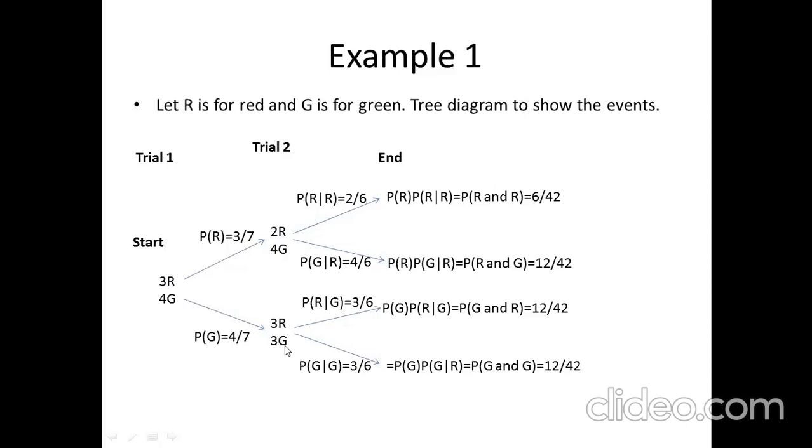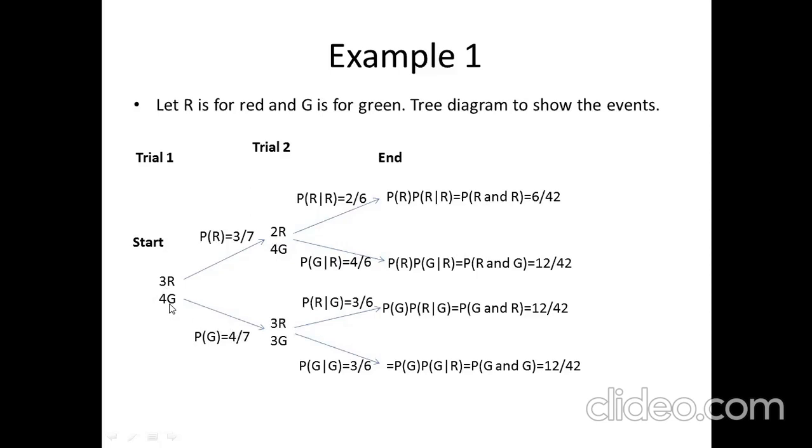Okay, first thing. Now what are the individual frequencies of these events which are shown? For the case of red and red, it would be 3 into 2, that is 6. For the case of red and green, it would be 3 multiplied by 4, because there are 3 reds and 4 greens, so it would be 12. For the case of green and red, it would be 4 multiplied by 3, that is 12, because there are 4 greens and 3 reds.